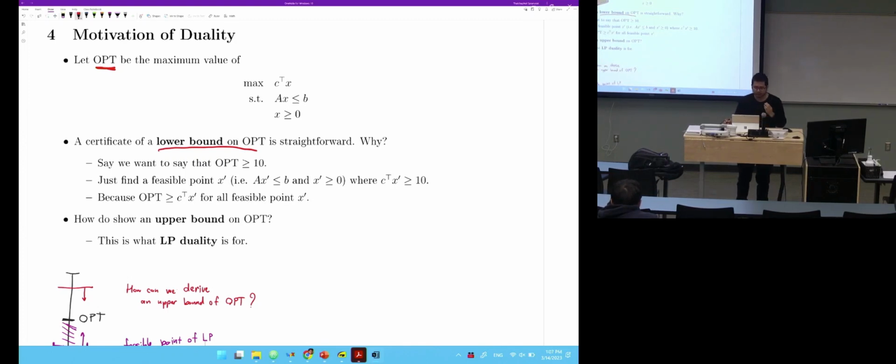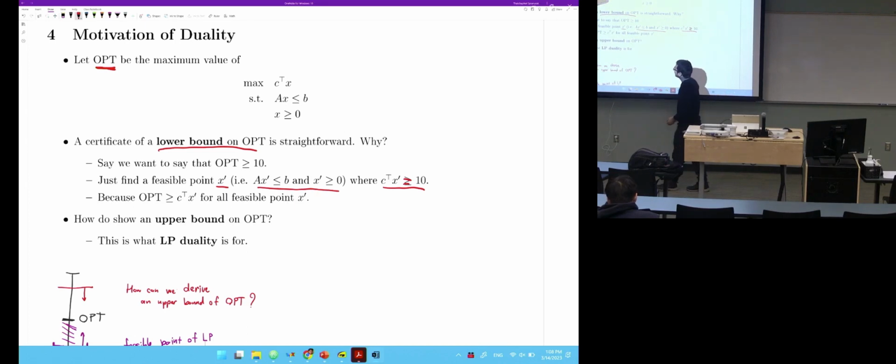There is a simple certificate that gives a lower bound of opt. All I need is for someone to give me a feasible point for this program that respects all the constraints, and if this point has objective, let's say, exactly 10, then you know that opt must be at least 10. So any feasible point in the program is a certificate for the lower bound of opt.